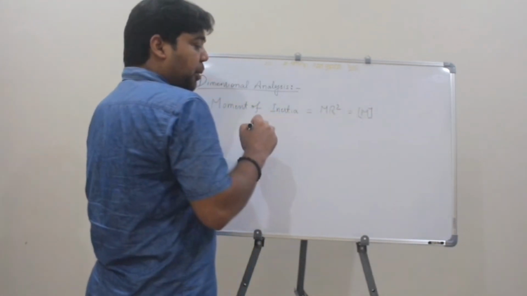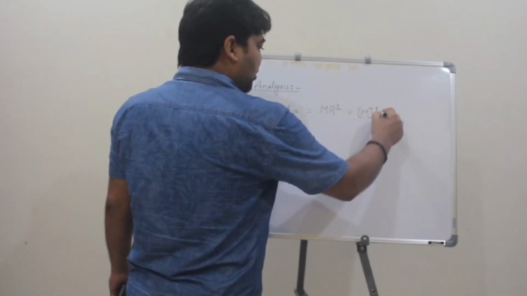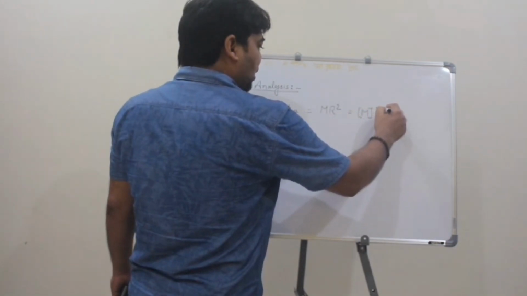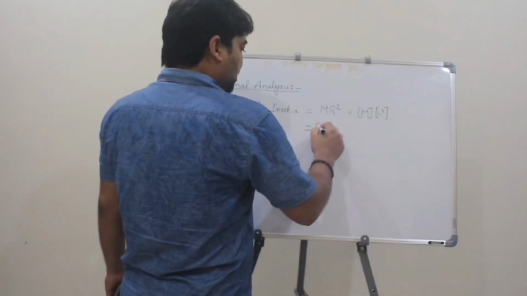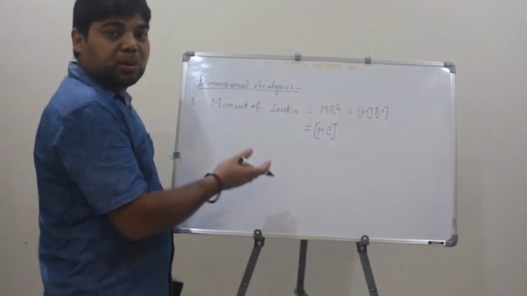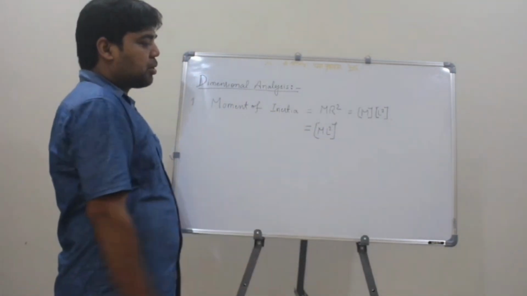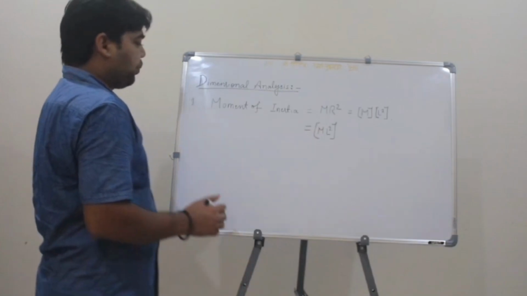Mass has a dimension of capital M, and r, which is distance, has a dimension of L. So it gives you L square. So moment of inertia has a dimension of ML square. So you see it is quite simple to calculate the dimensional formula of any quantity.